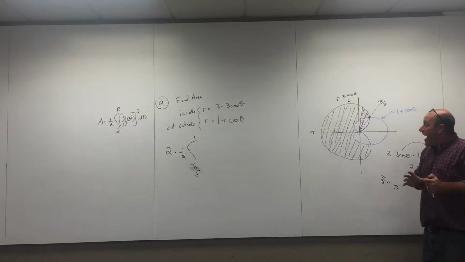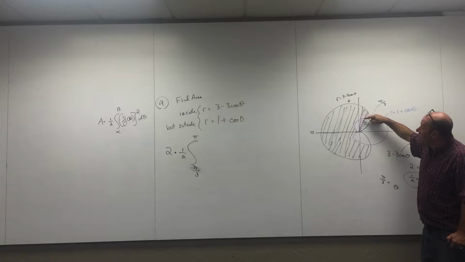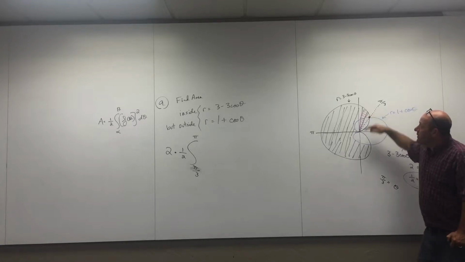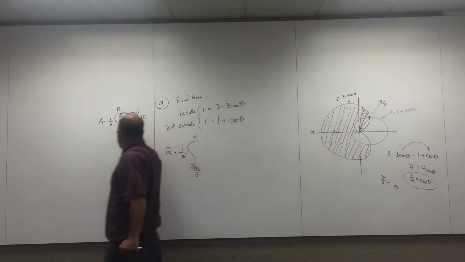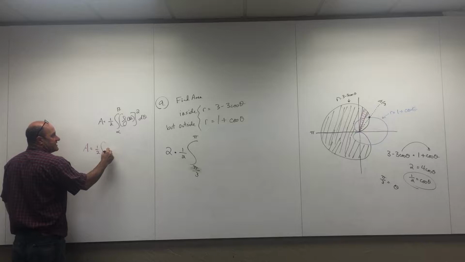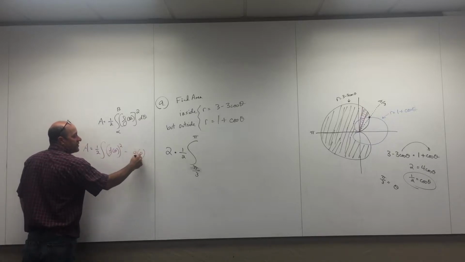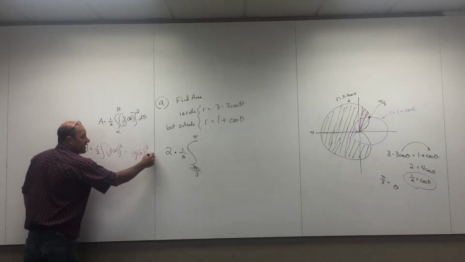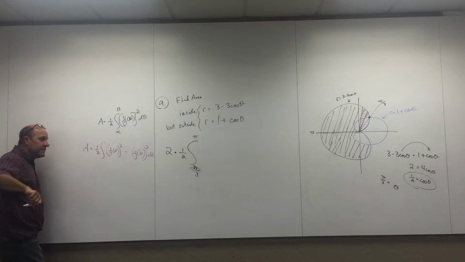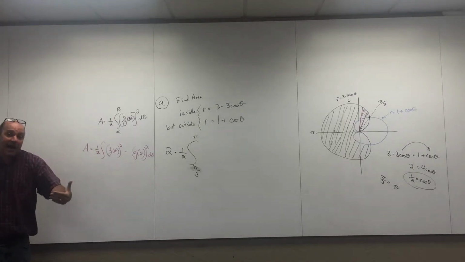So I think what I need to do is subtract the outer curve minus the inner curve. So sometimes this formula is not this formula. Sometimes this formula is 1/2 and it's some outer function of theta squared minus some inner function of theta squared, d theta. And again, back in our old rectangular coordinate days, we would do top curve minus bottom curve.